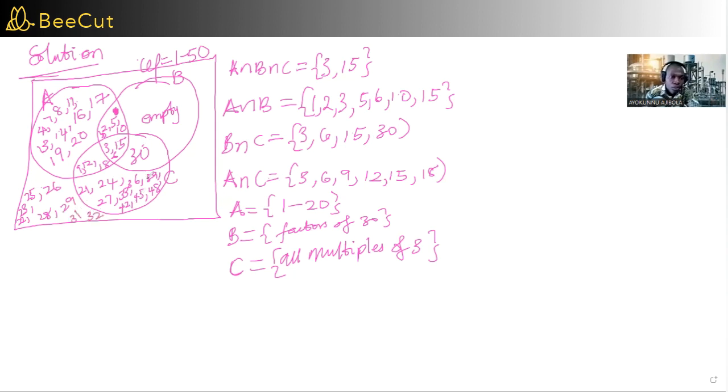Then 33 has been catered for. 34 is missing. 35 is missing. 36 has been catered for as a multiple of 3. 37 is missing. 38 is missing. 39 is catered for. 40 is missing. 41 is missing. 42 has been catered for. 43 is missing. Then 44. So we have 45 already. Then we need 46 here. We need 47.